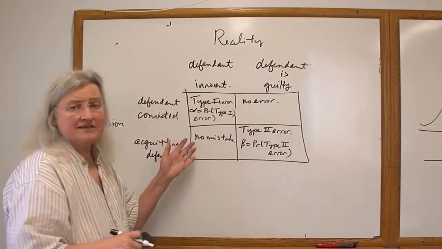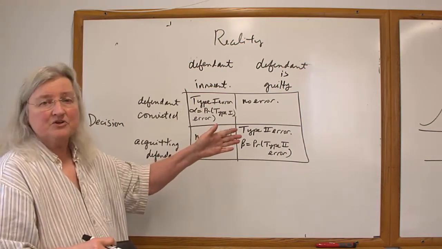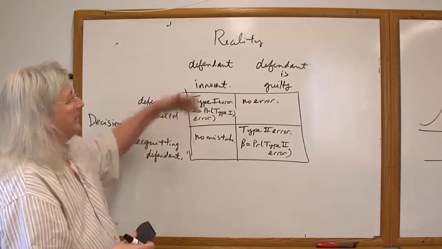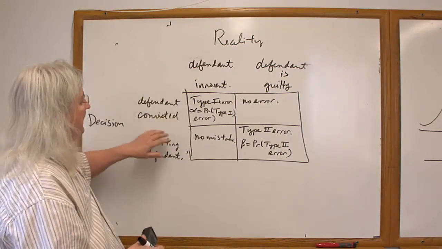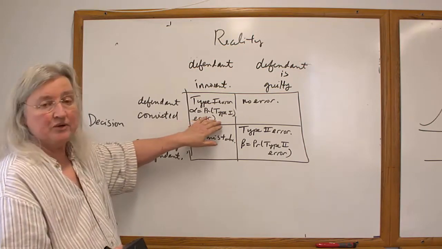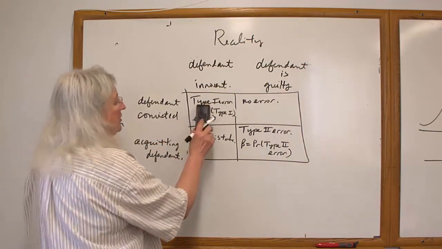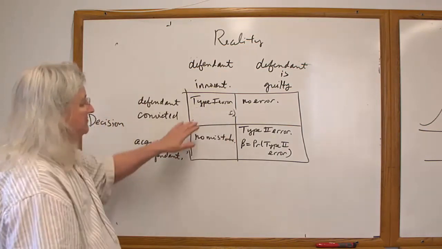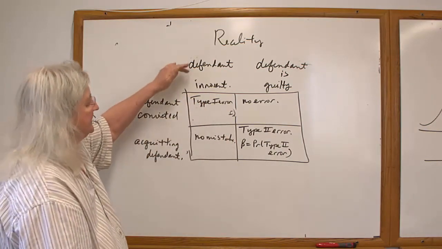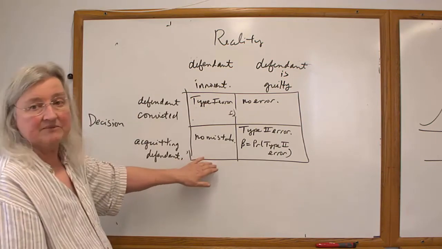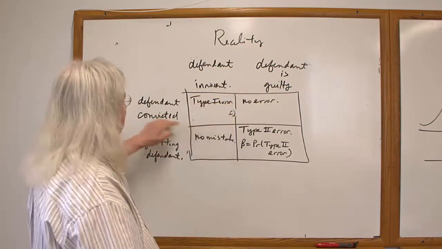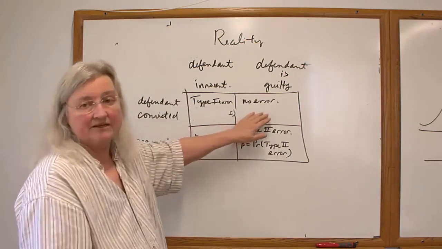So you see, in this sense, I think most people have a good feeling about what it means to have type 1 and type 2 error. If the defendant is innocent and you convict him, then you have committed what we call type 1 error. So this is a false conviction. If the defendant is really innocent and you acquit him, then you haven't made a mistake. If the defendant really is guilty and you convict him, you haven't made an error.